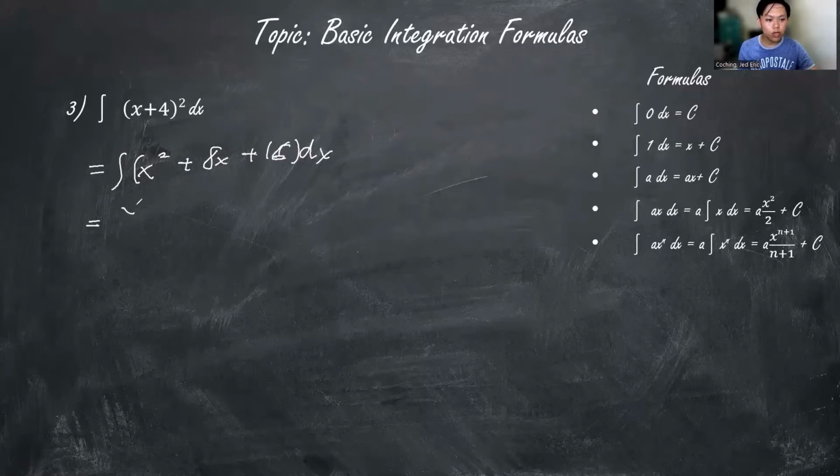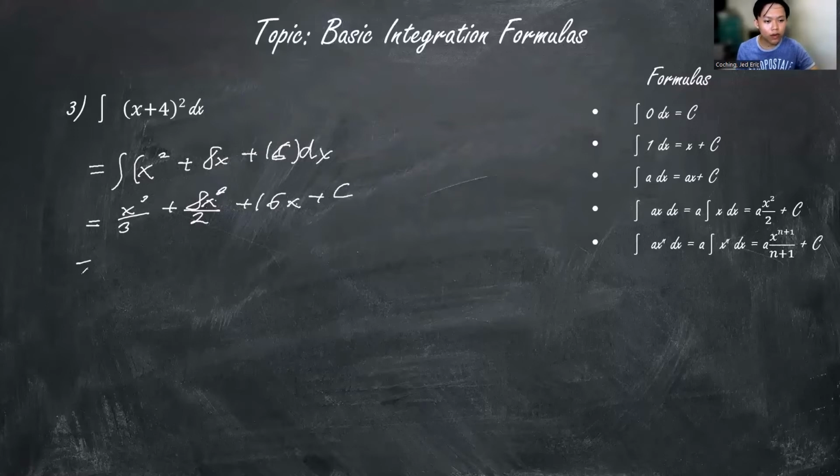So it's going to be x raised to 3 divided by 3 plus 8x raised to 2 divided by 2 plus 16x plus c.